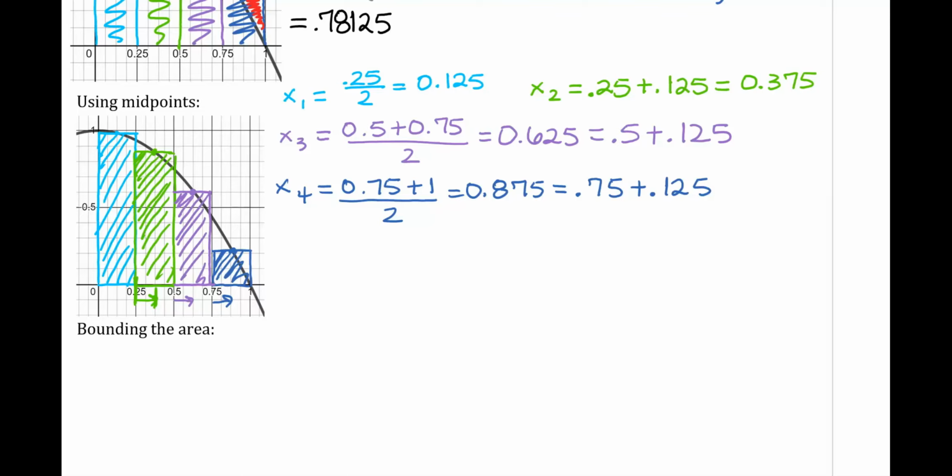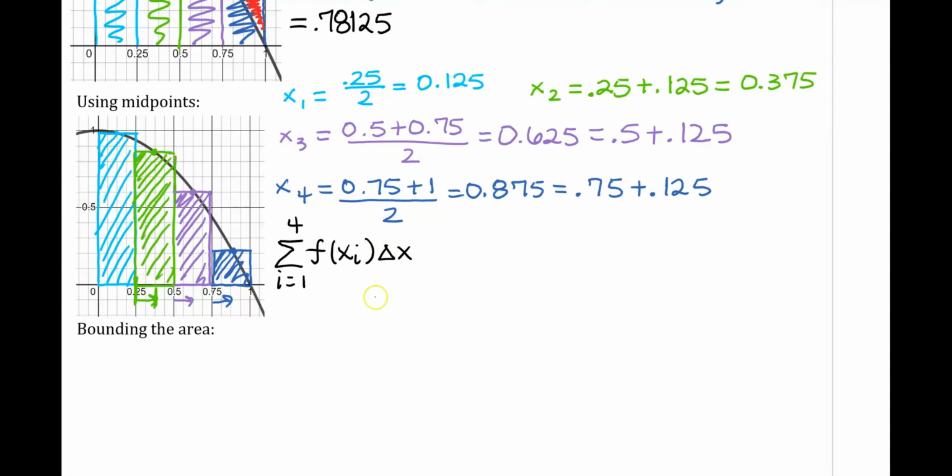So now that we have all of our x values, we are ready to compute our sum. We will be adding up the heights of our rectangles, which will come from plugging our x1, x2, x3, x4 into our function. And then we will multiply by our delta x, which is still 0.25. So I'm going to go over to the calculator and I'm going to keep my y equals the same.